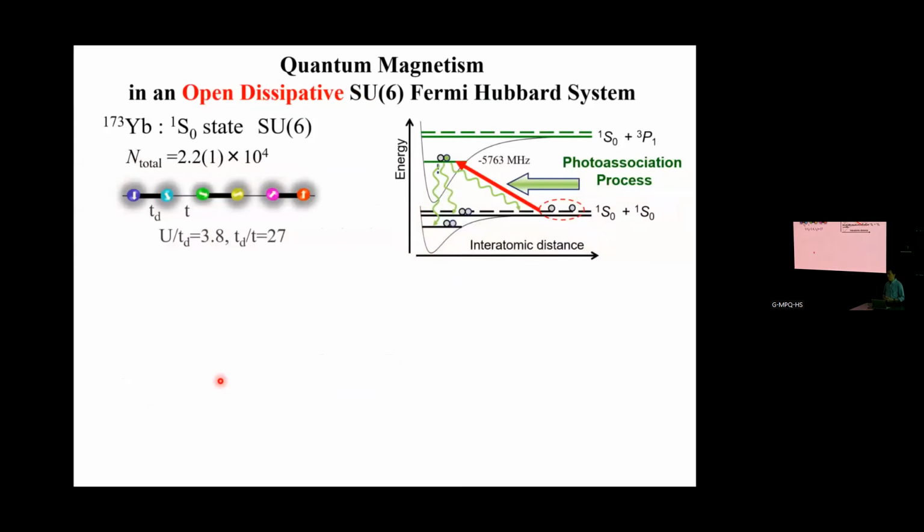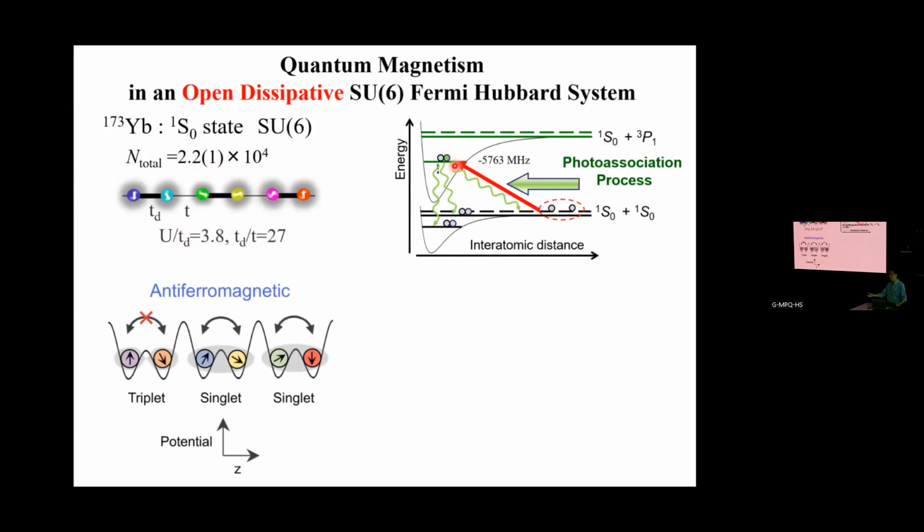Okay, and in our experiment, we used the SU(6) fermions of ytterbium-173 and loaded them into a dimerized lattice like this. And for the two-body dissipation, we applied a photoassociation laser beam at this resonance.